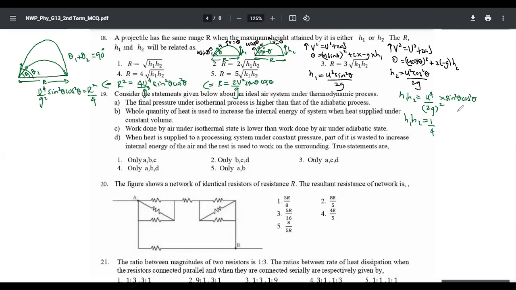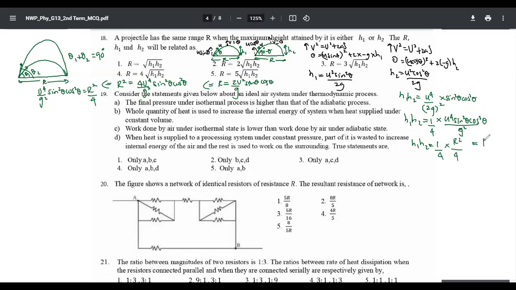Let's substitute that here. I will write it again. Never mind. h1 h2 is 1 over 4 times u to the power 4 sine squared theta cos squared theta over g squared. Now instead of u to the power 4 sine squared theta cos squared theta divided by g squared, I can put r squared by 4.